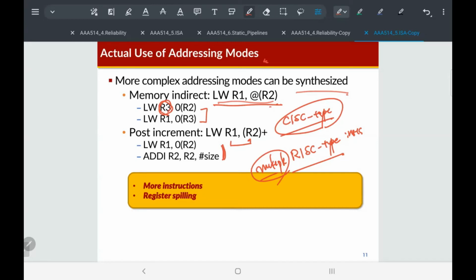As I mentioned, if we use simpler hardware, then we can increase the clock frequency, which means we can increase the performance of our processor.